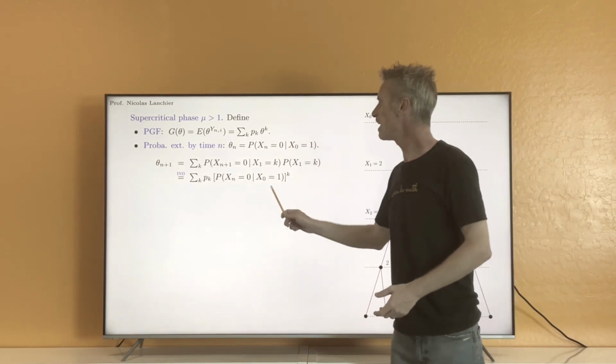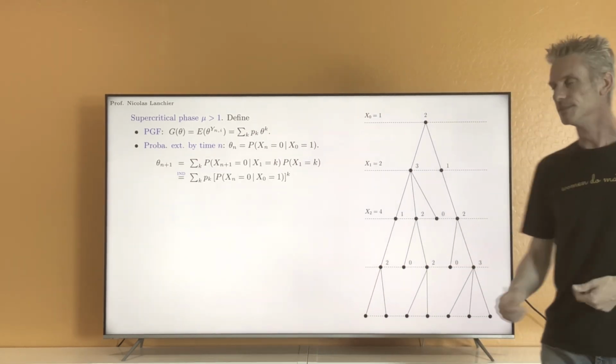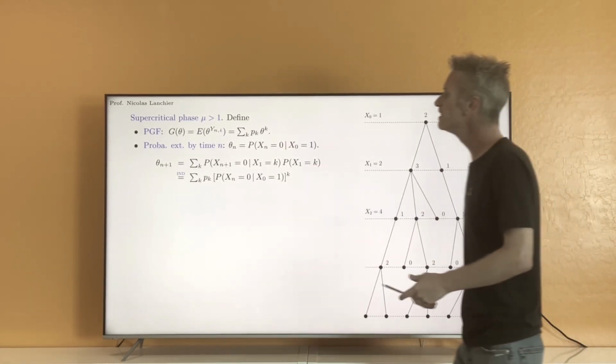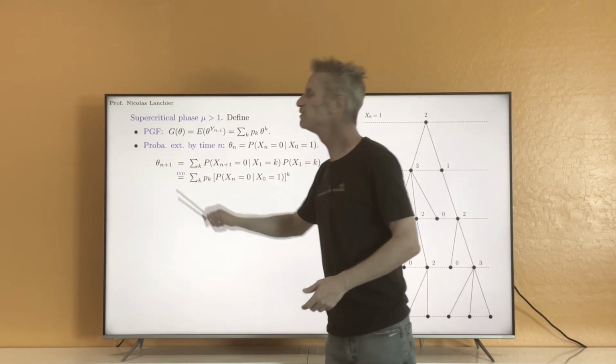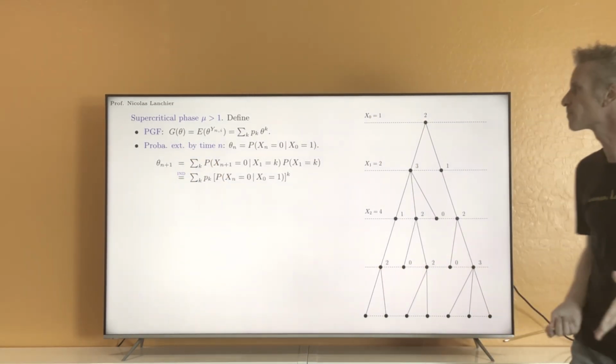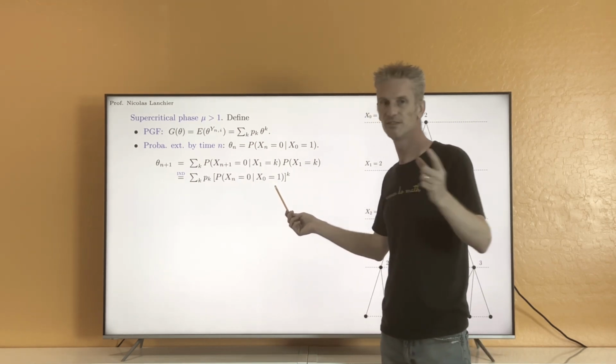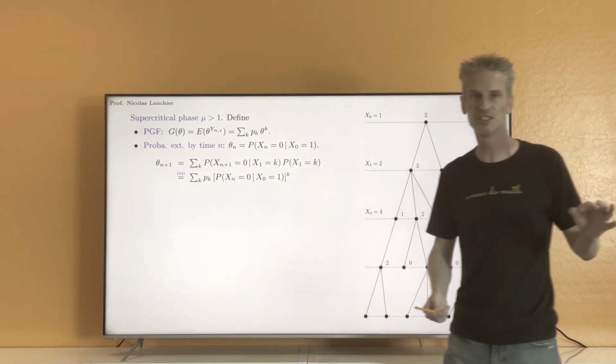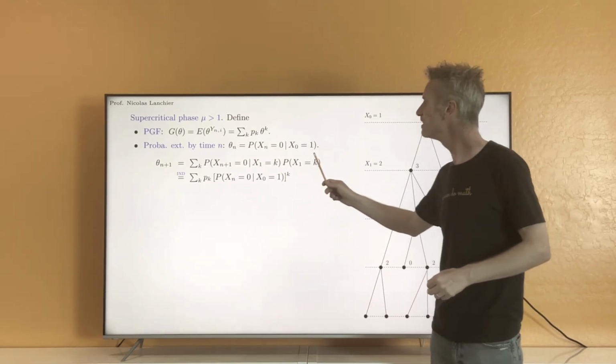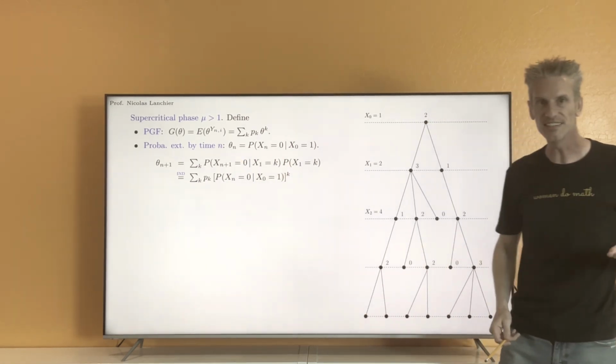All right, so we have this. Now, we're almost done to see that indeed that's related to this function g. The probability that you go from one individual at time 0 to 0 individuals at time n is exactly this probability theta_n.